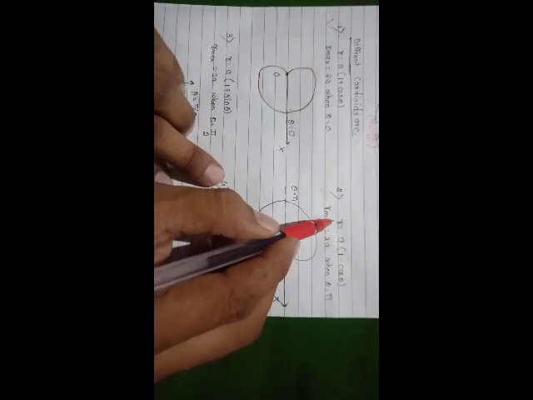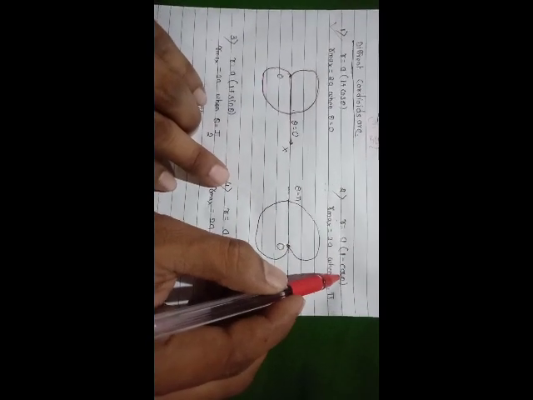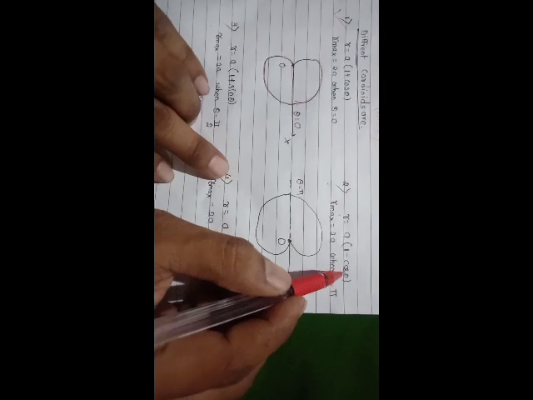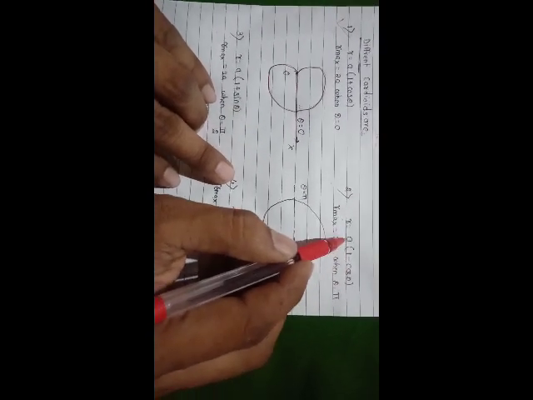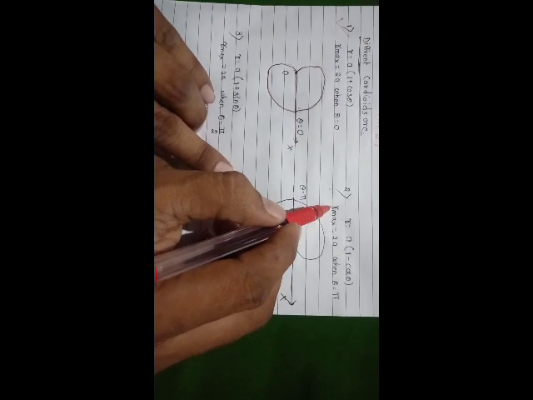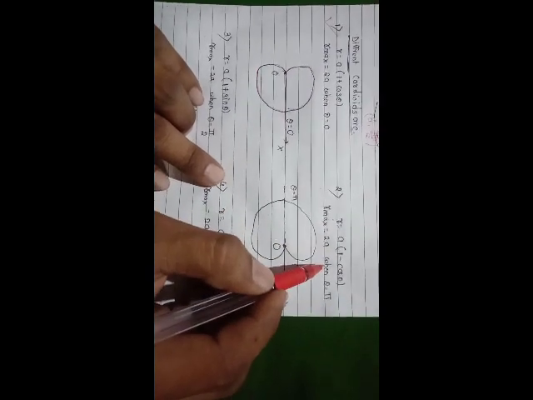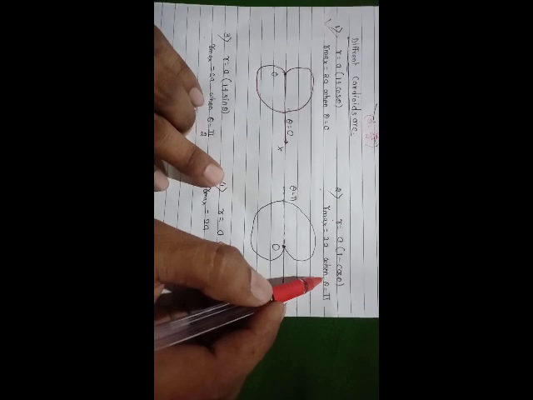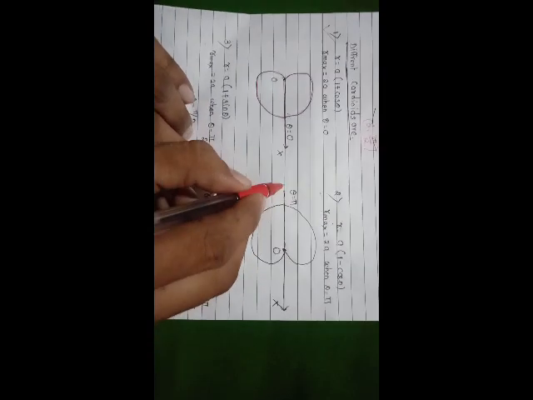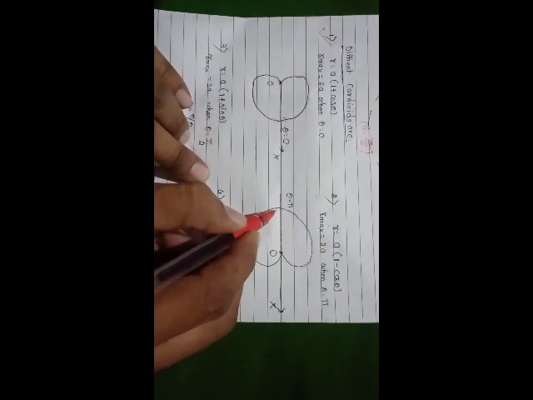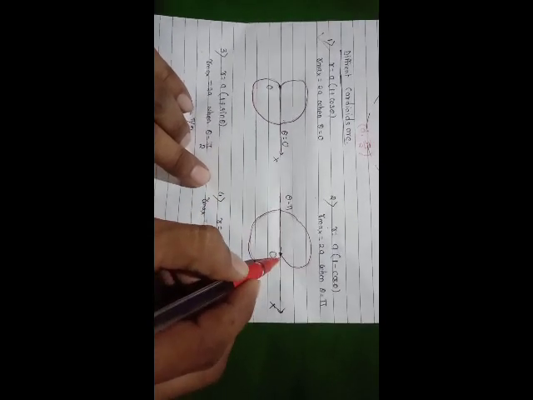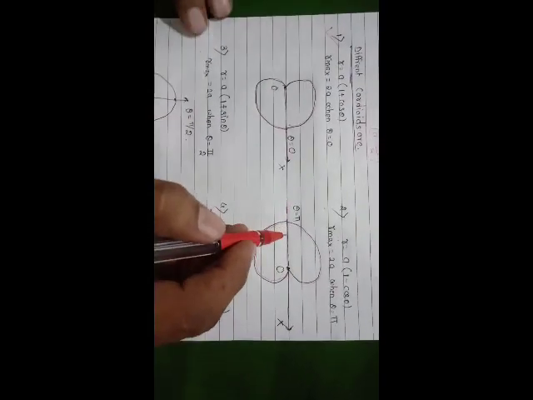So r equal to a(1 minus cos theta). In this case, when theta equal to pi, cos of pi equal to minus 1, minus of minus 1 is plus 1, so r equal to 2a. So the maximum value of r is 2a, and we get it whenever theta equal to pi. So the cardioid lies along theta equal to pi, and it is like this. So the size of the cardioid is the same, it lies along different lines.